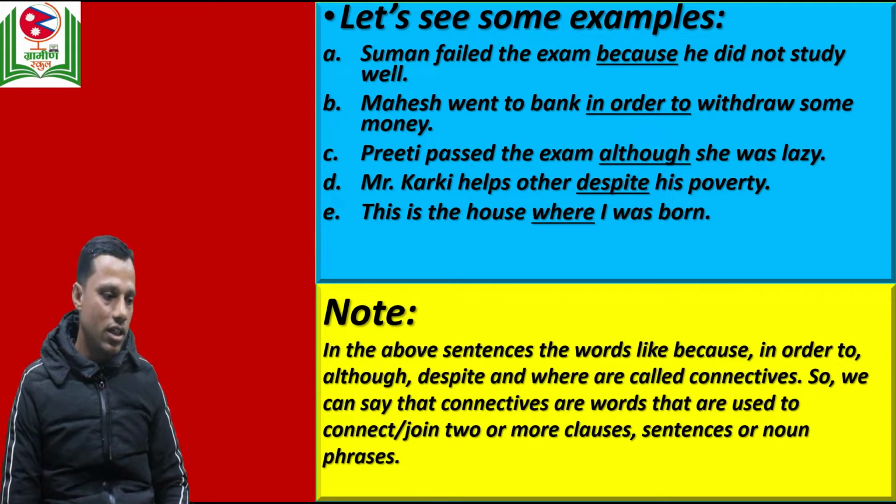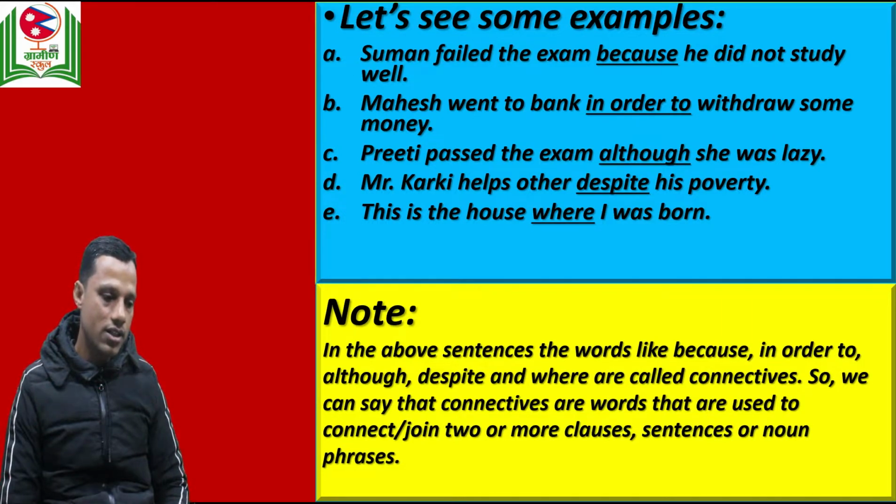Now let's see, under note I have given you some lines there, and if you go through these lines you can have some ideas about connectives. Let's read out these lines. In the above sentences, the words like because, in order to, although, despite, and where are called connectives because these words are used to join 2 or more clauses or phrases, right?